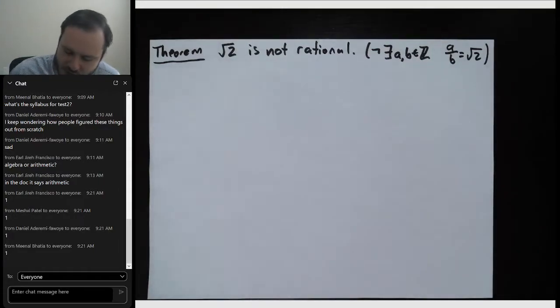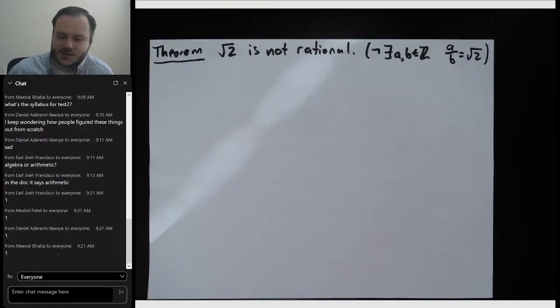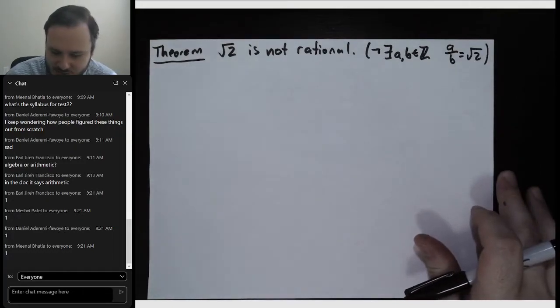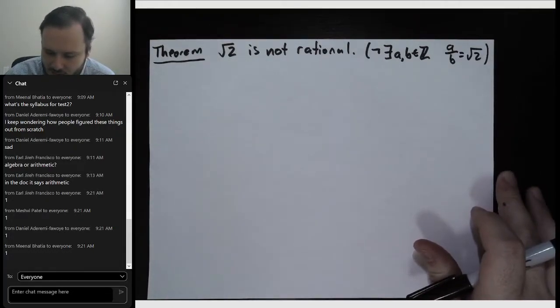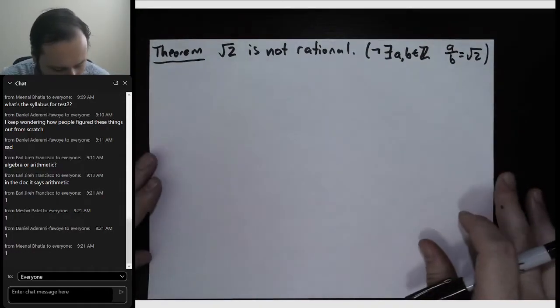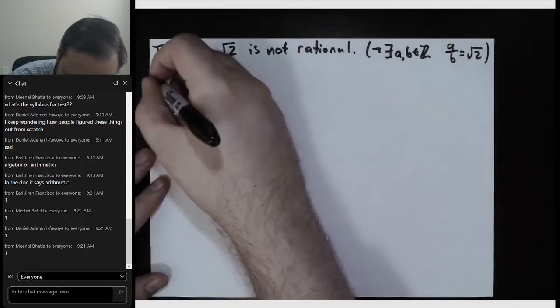Okay, so this is something you know, right? If you plug square root of 2 into your calculator, 1.414, blah, blah, blah. Goes on forever, doesn't repeat. But how do we know that? How do we know it's not rational? So we're going to do this with a proof by contradiction.